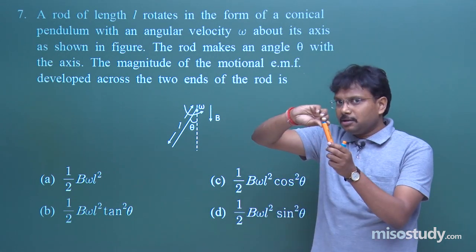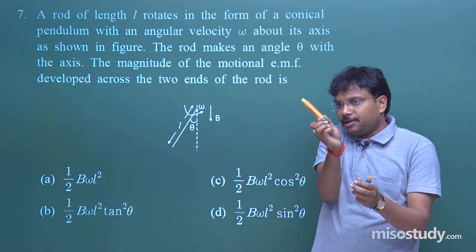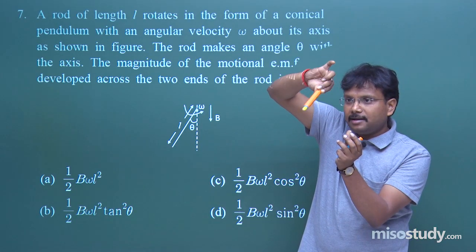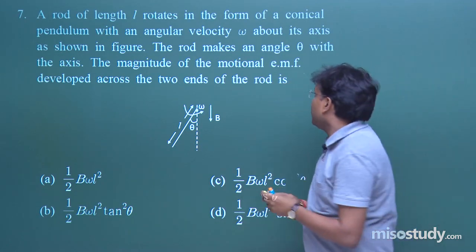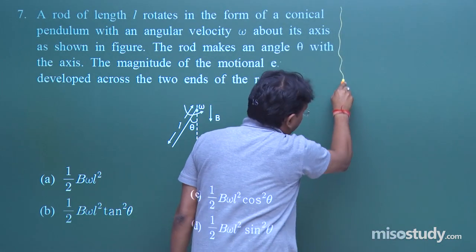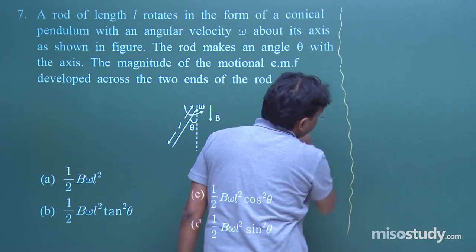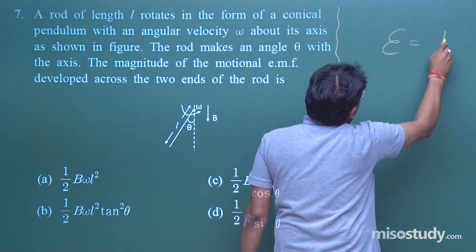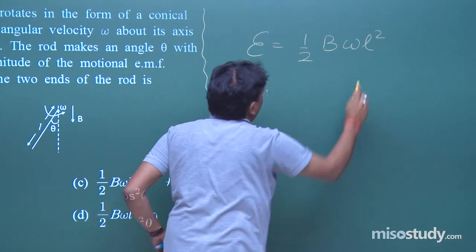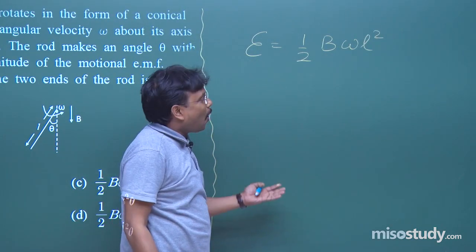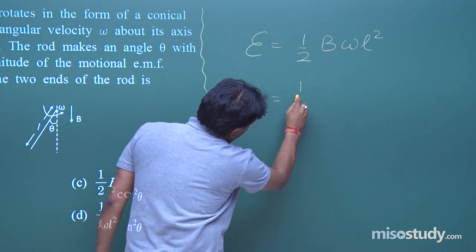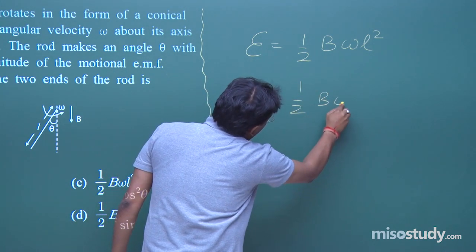Actually, the derivation given in your chapter is like this. Here I am changing the scenario slightly. So, it is the application part of this particular concept, that is 1 by 2 B omega L square. I hope you will definitely smile by watching this. So, it is 1 by 2 B omega.